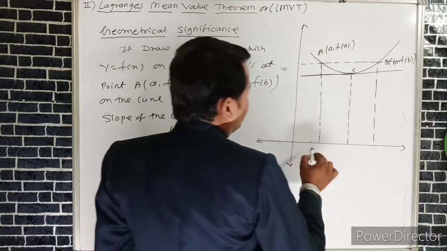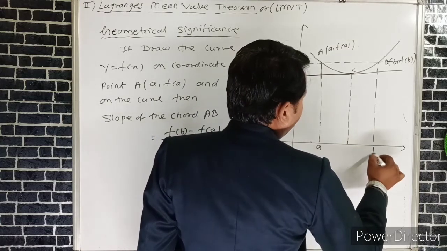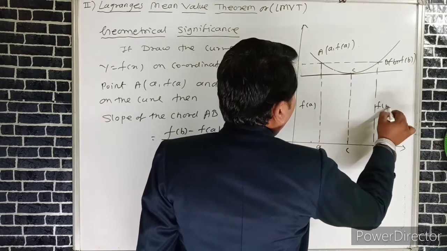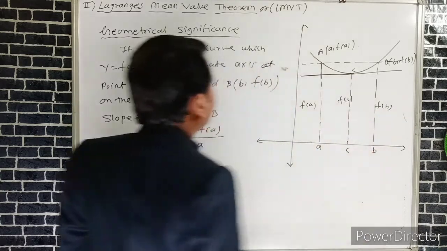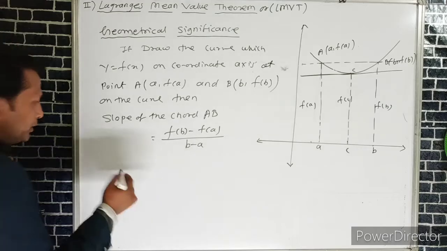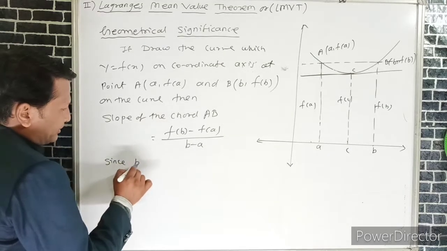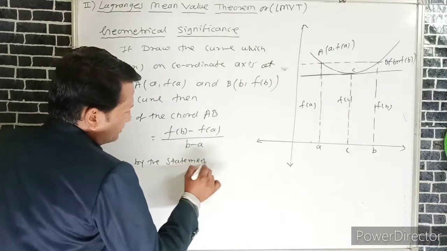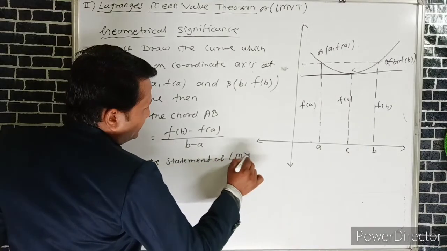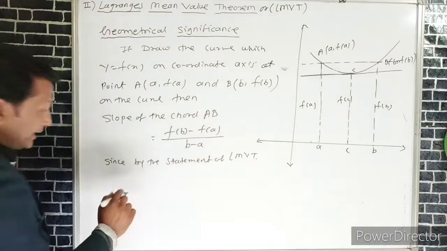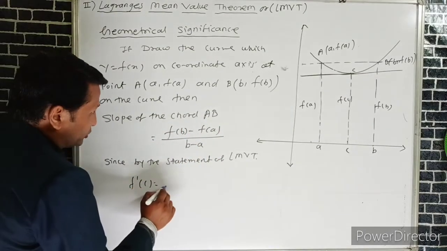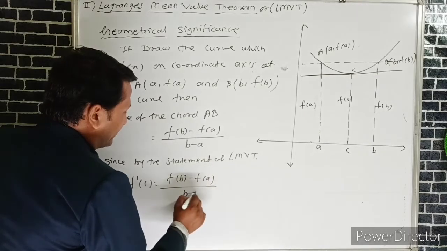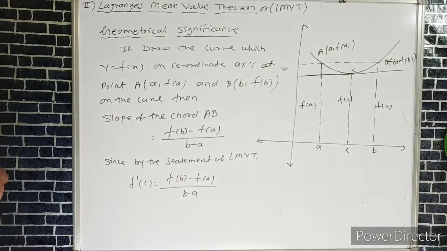Here we can mark a, b, c on the x axis, and f of a, f of b, f of c. We know that by the statement of Lagrange's mean value theorem, we can write f dash of c is equal to f of b minus f of a upon b minus a, on the interval (a, b). This is equation 2.